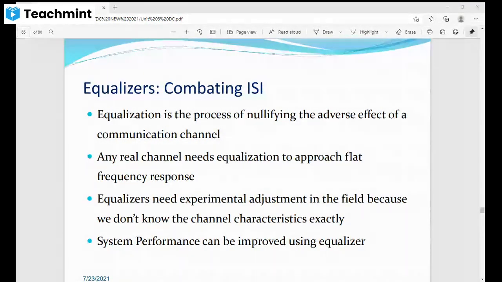Today we are going to see an equalizer to reduce the effect of ISI, that is intersymbol interference.